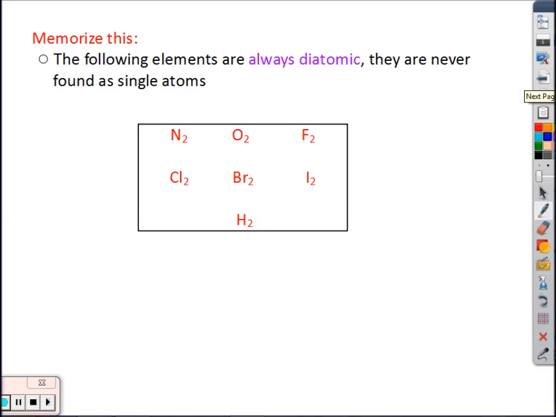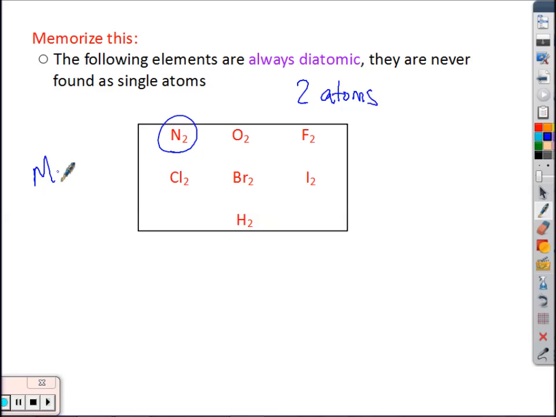Last thing I want you to pay attention to, there are some elements which always form a diatomic molecule. Diatomic meaning two atoms. So if I found nitrogen as an example, in nature, it would not just be N floating around, it would be N2 always.